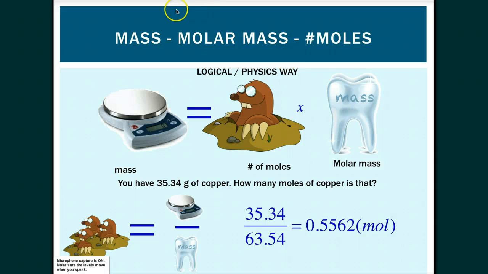So you would take your actual mass that you figured out by subtracting the initial mass of your chalk and then subtracting whatever was left over. That gave you this mass right here, and then you figured out your molar mass from the periodic table, and that's how you figure out the moles.